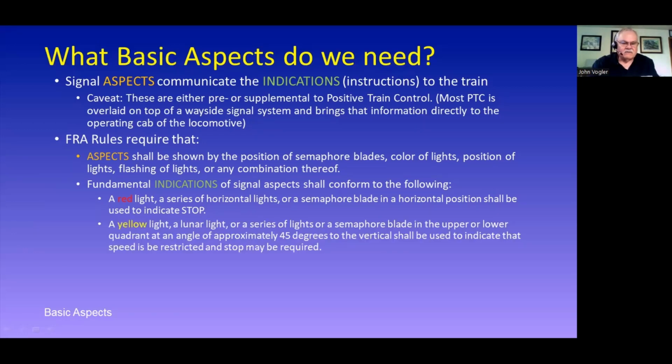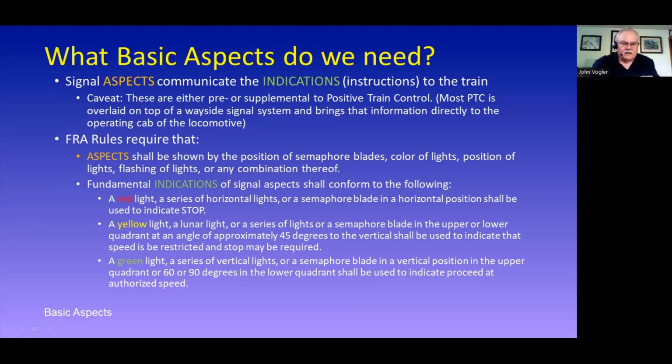And you've got to use a yellow light, a lunar light, or a series of lights or blades in the 45-degree quadrant to indicate that a restriction of some sort may be required.